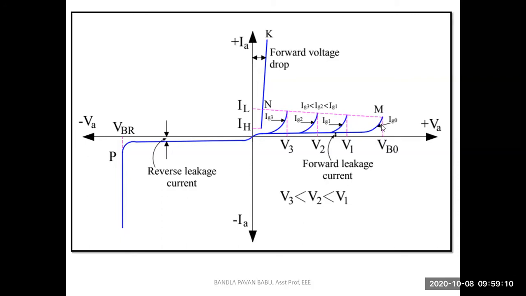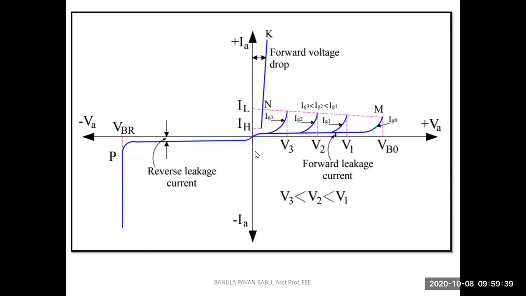When I start injecting the gate current, the forward breakover voltage slowly reduces, from V1 to V2 and finally to V3. If I keep increasing the gate current, you can refer to the switching characteristics of the SCR, where the gate current is slowly raised after the delay time.